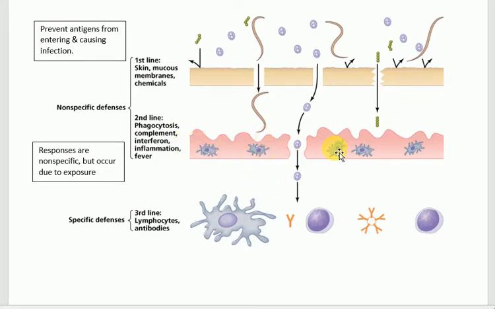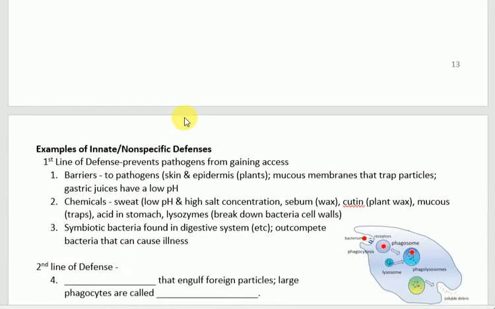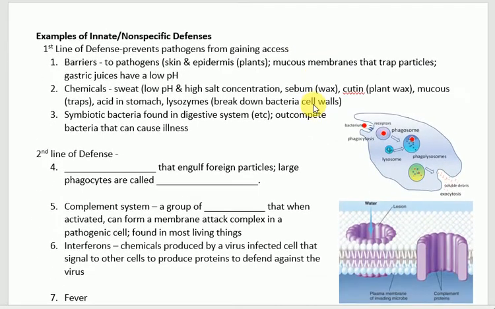Inflammation, fevers, etc. They occur due to exposure. And then our specific defense is our third line. These are going to be our lymphocytes and our white blood cells, and specifically in vertebrates, the B cells and T cells.